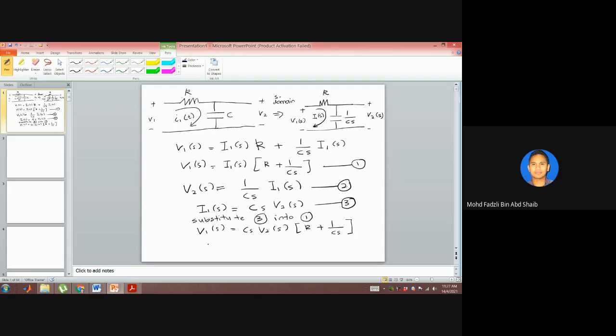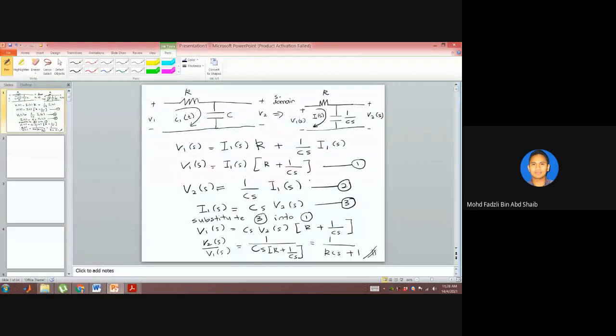So now, V2(S) output over input, V2 over V1 equals 1 over CS over R plus 1 over CS, which equals 1 over RCS plus 1.